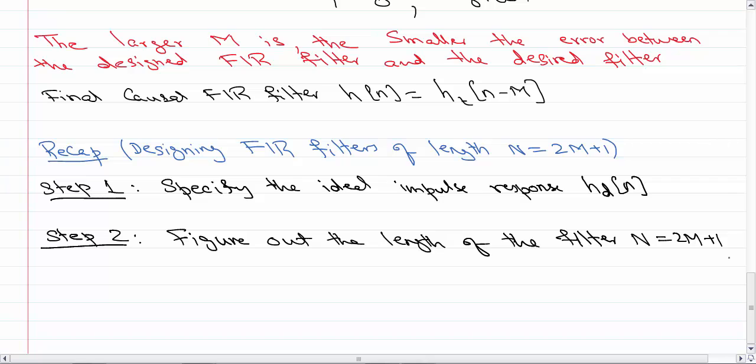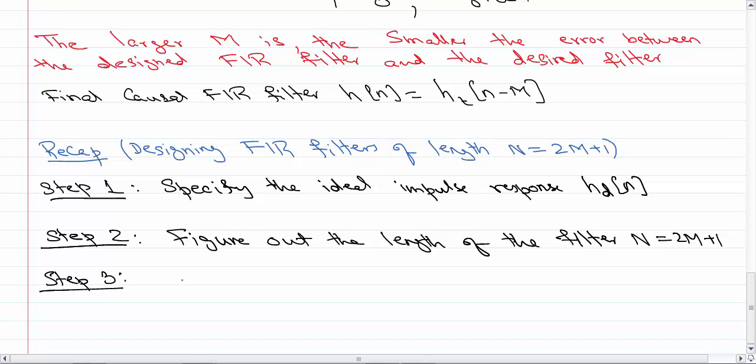So these are two conflicting requirements. You can make N very large and get a good approximation to the desired response, but then you pay a penalty in terms of complexity. We'll study that more, but let's just say you figured out the length.